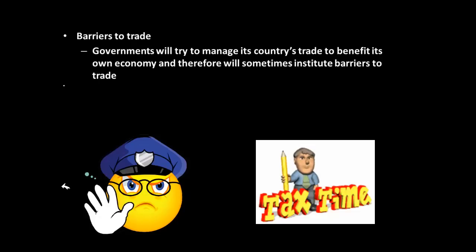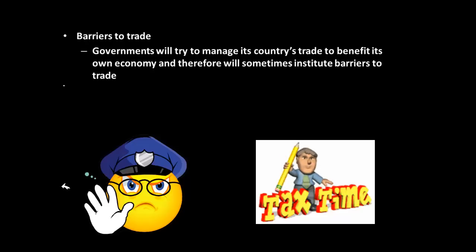Now, barriers to trade. Sometimes countries will make it hard to trade with other countries. For example, using cars in the United States, the United States sometimes places trade barriers on Japanese or foreign automakers like Toyota or Nissan.